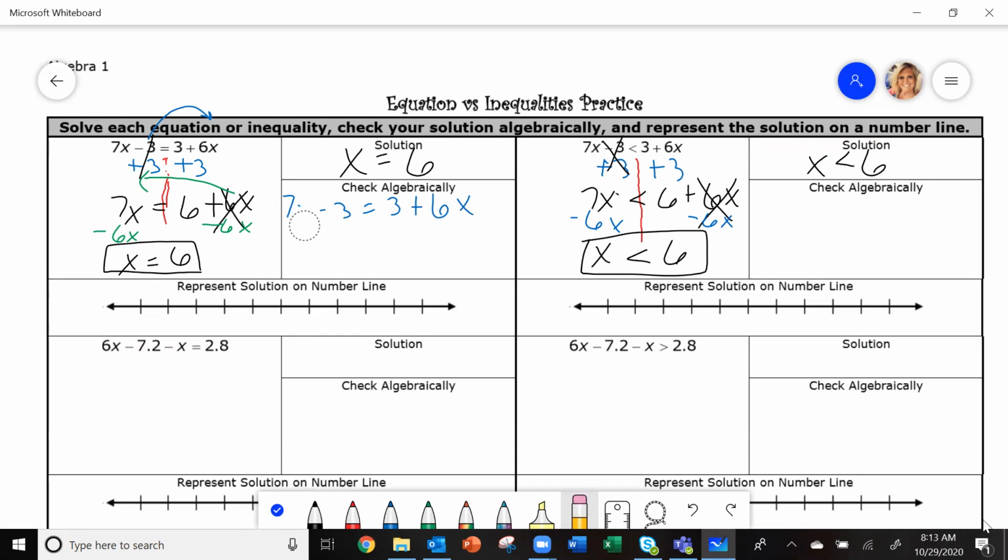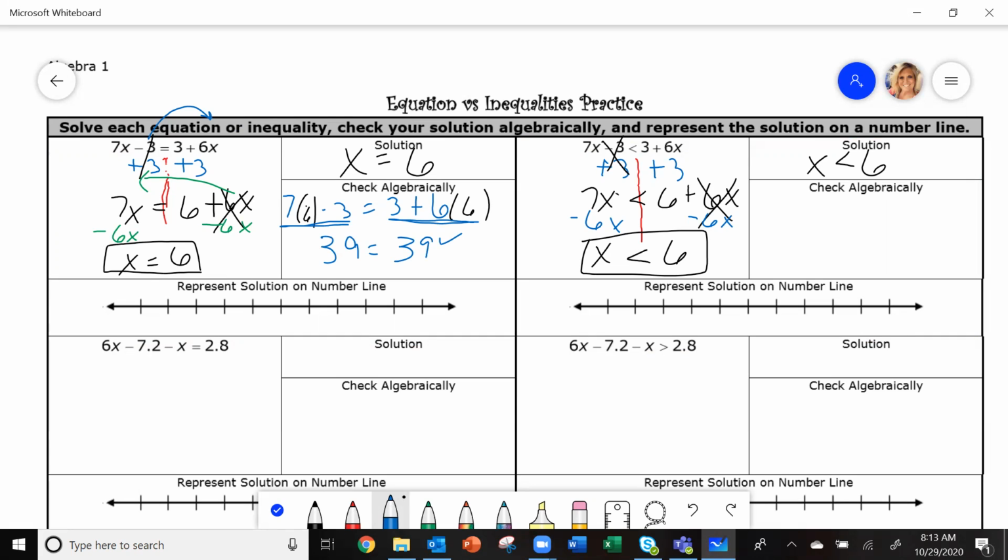So if you put 6 in here for x, you're trying to see if you got the right answer or not, because both sides should be equal. If you put in the calculator 7 times 6 minus 3, you'll get 39. If you put in the calculator 3 plus 6 times 6, you get 39. That shows you that it checks and you got the right answer.